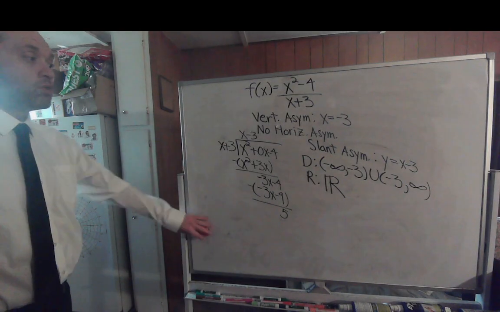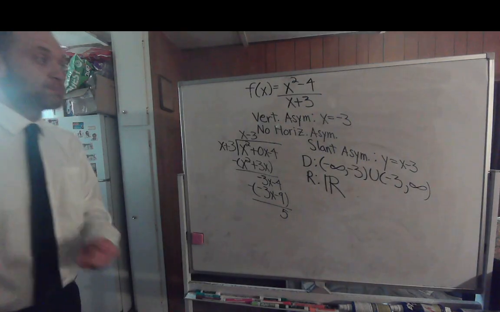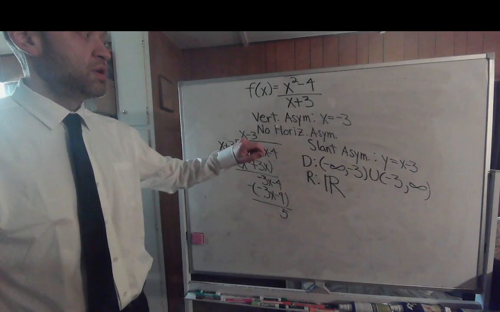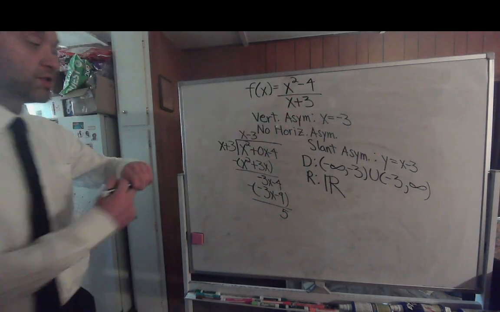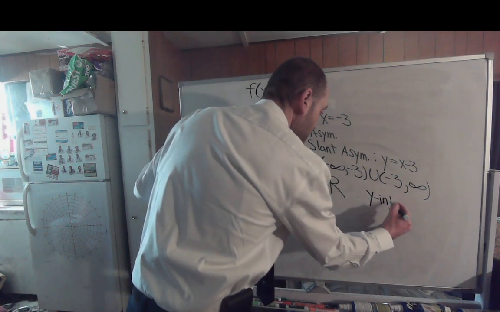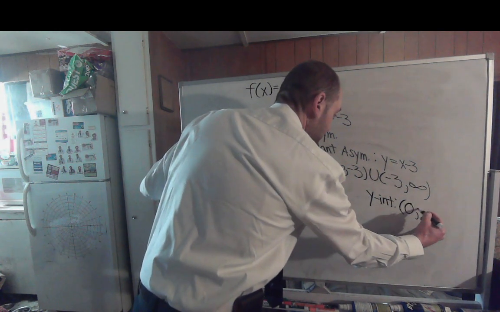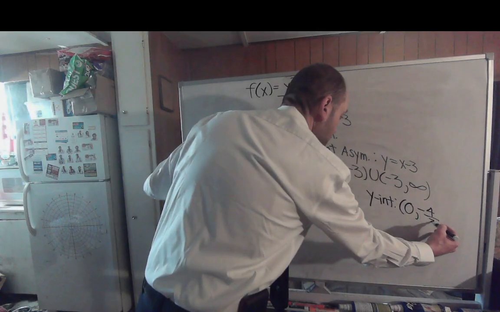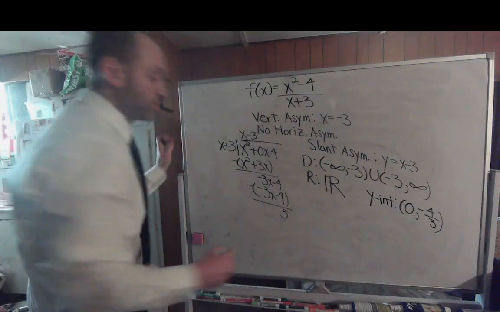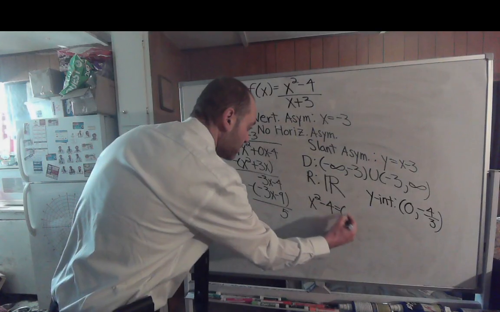Now what about intercepts? For the y-intercept, when x equals 0, you would get negative 4/3. So you have a y-intercept at (0, -4/3). For x-intercepts, set all this equal to 0, and you just get x squared minus 4 equals 0.